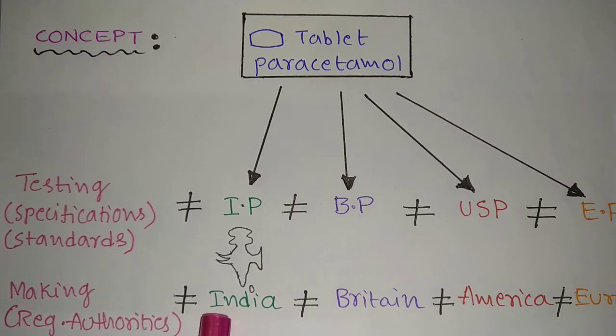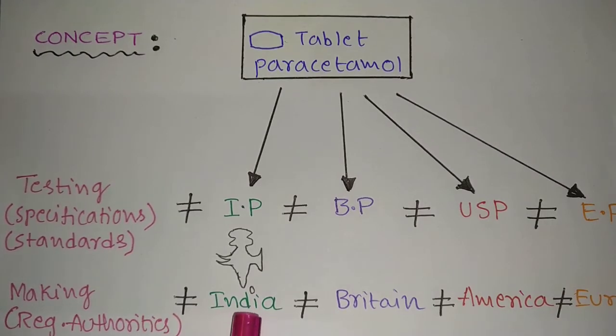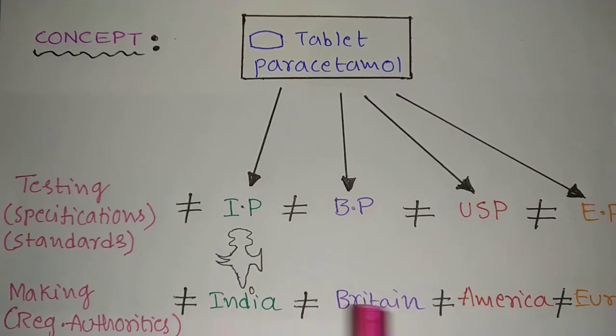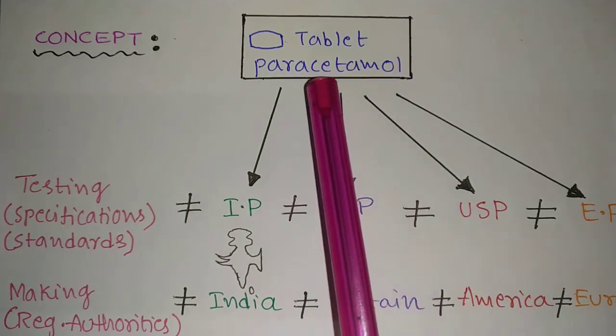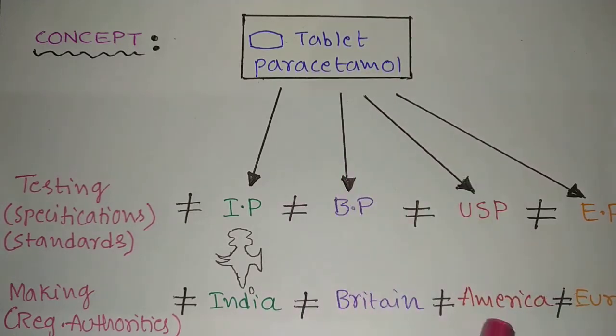I will give you the full abbreviation later. CDSCO is the regulatory authority in India. It gives the manufacturing guidelines. Britain also gave different guidelines for the manufacturing of the paracetamol tablet. America is also giving different ones, that is US FDA.